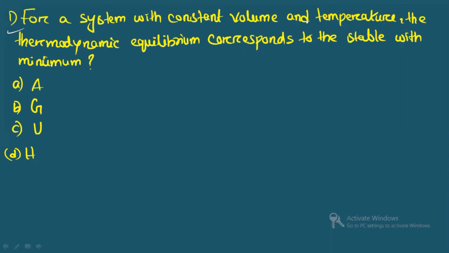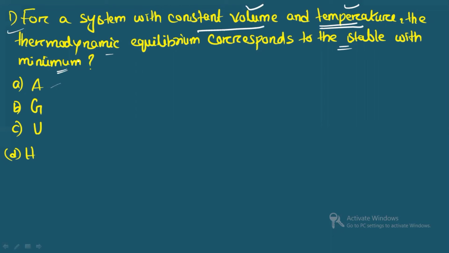For a system with constant volume and temperature, the thermodynamic equilibrium corresponds to the stable state with minimum what? When a system is at constant volume and temperature, for it to be in stable thermal equilibrium, which of these four quantities should have a minimum value?